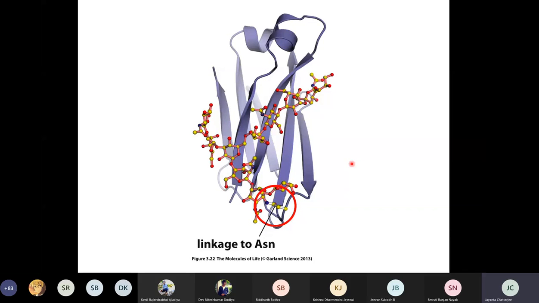These enzymes are called proteases, and they cleave the CONH bond. By cleavage of these polypeptides or proteins, you have the complete loss of the structure of the polypeptide or protein.